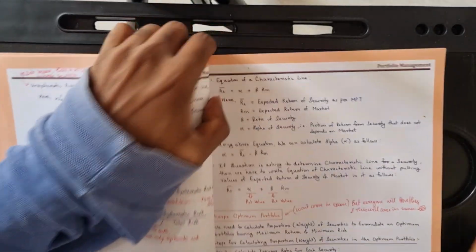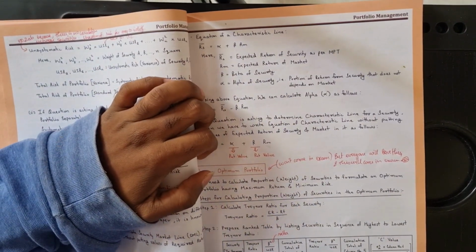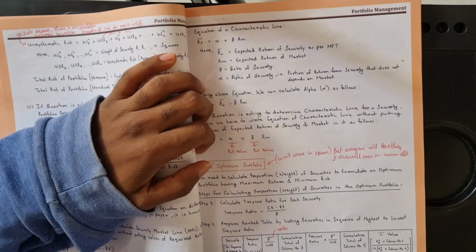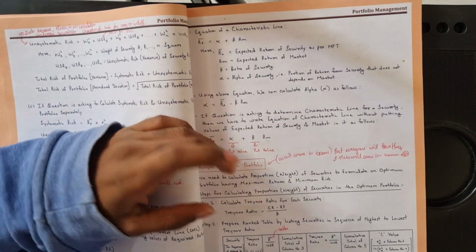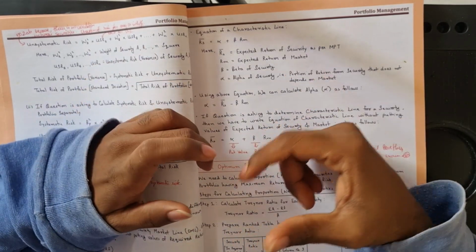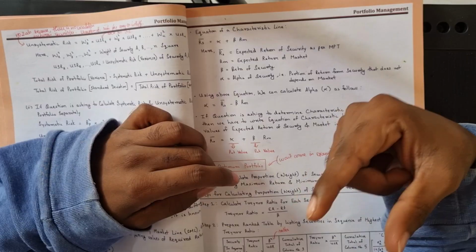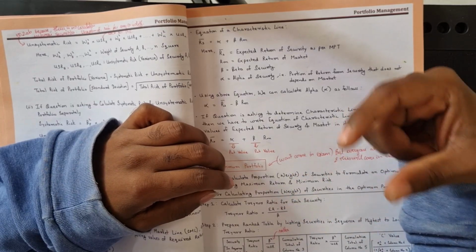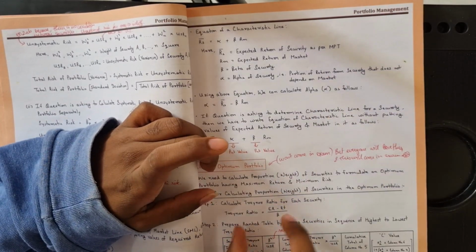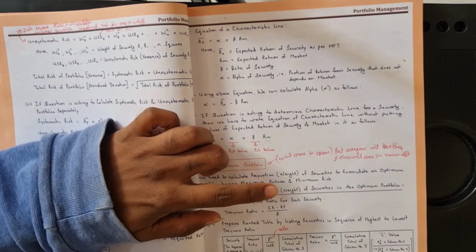Next, we have to calculate the Treynor ratio for each of the securities in the question. We are given certain securities and we have to make a portfolio, so we are trying to find the weights of it. The first thing we are doing is finding the risk premium in the market using the Treynor ratio, which is ER minus RF divided by beta.